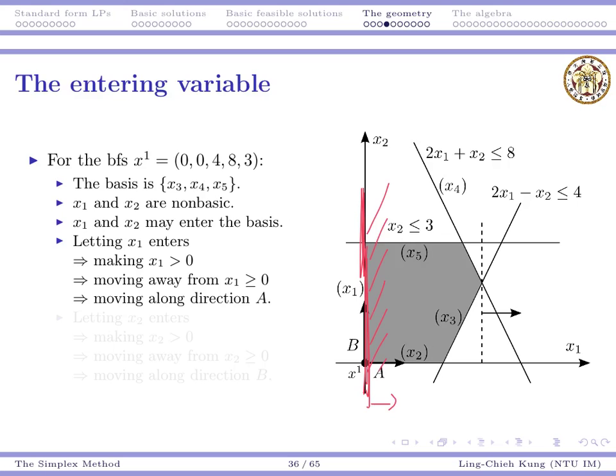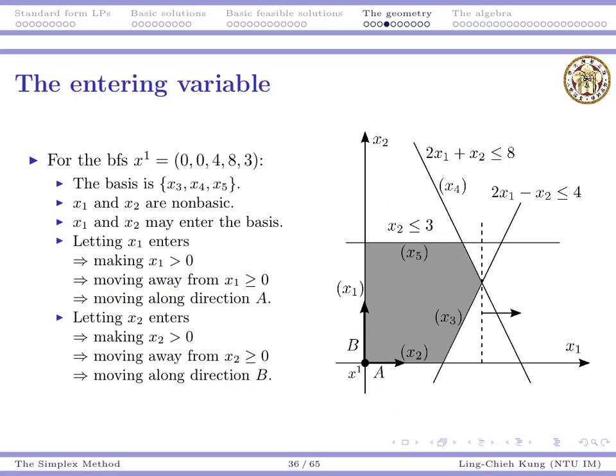So moving away from x1 greater than or equal to 0 means to move along this direction, or to move along direction A. Because when you want to increase x1, you must go in this direction. Or similarly, when you want to make x2 larger and make x2 enter the basis, then you need to move in direction B because you want to leave this particular constraint x2 greater than or equal to 0.